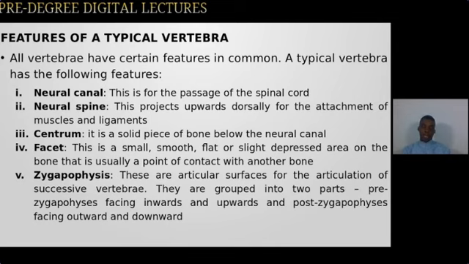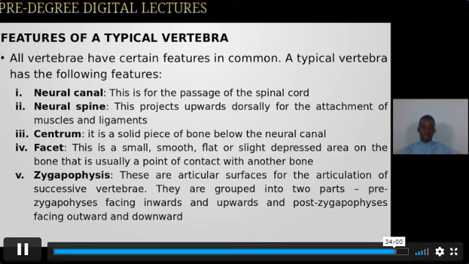Then a typical vertebra is also supposed to have a centrum, that's a solid bone piece, or in some textbooks they call that the body. In addition, it's supposed to have facets, which are small flat areas that make contact with other bones.